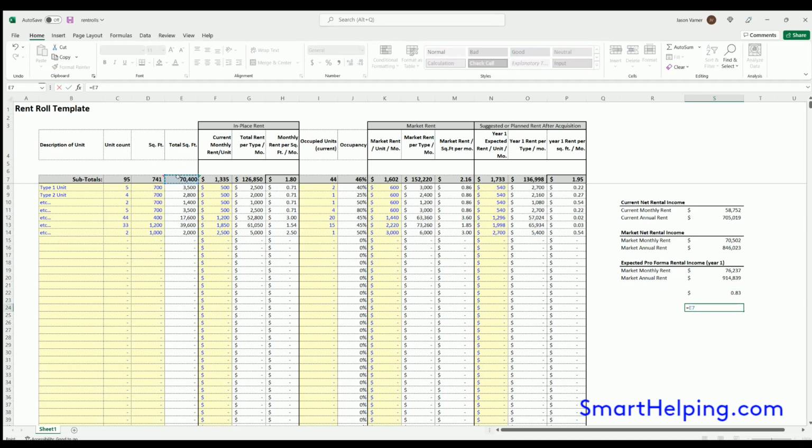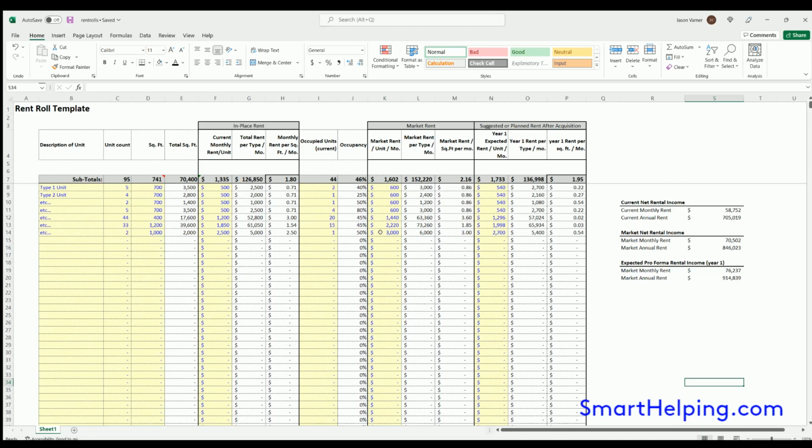But if only 46% is occupied, so I'm getting actually this divided by that. Oh, what did I do? 58,000 divided by this is $1.80. It's still the $1.80. So that won't change.